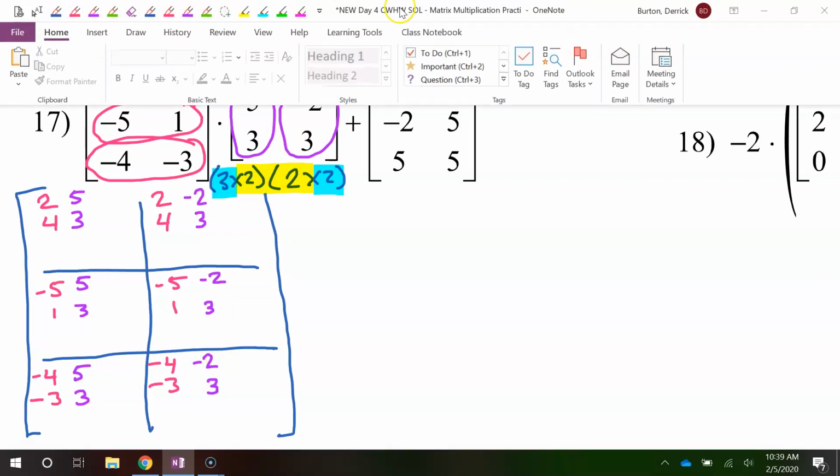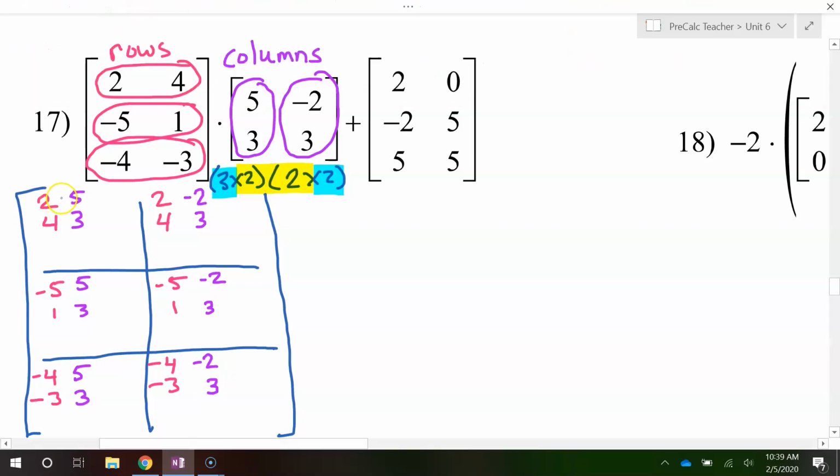Now it's time to multiply each of these pairs. So you can see why we needed all of this space.